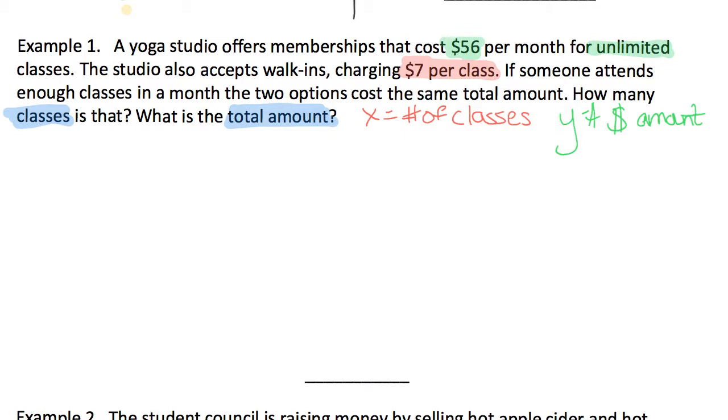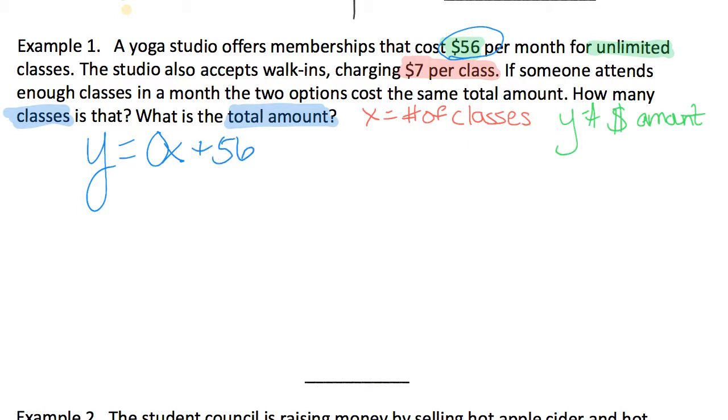So our first equation, I would start with your unlimited amount of classes. So unlimited, that means we have an unknown amount of classes. It doesn't matter how many times we come. So really, our slope is going to be 0. So our equation is going to be something like y equals 0x, and then it costs $56 no matter what.